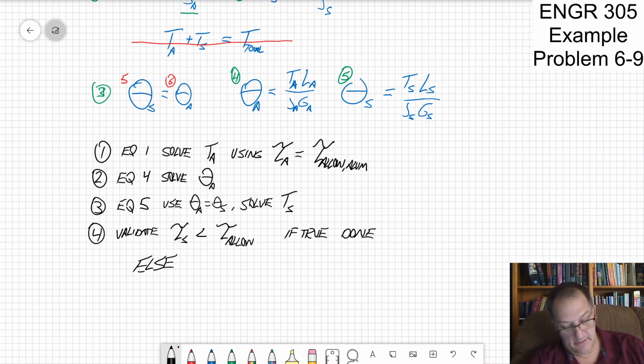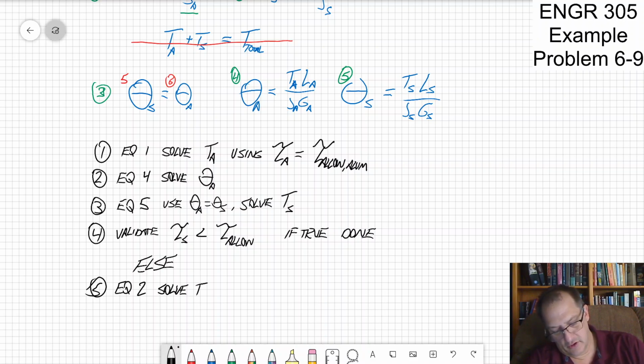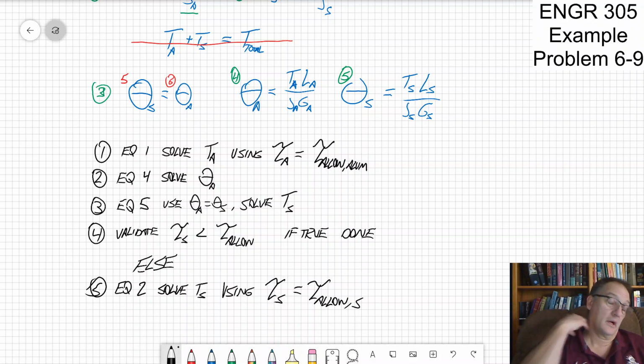And if not, then I start over. Then step 5 would be equation 2, solve torque of the steel using torque of the shear. Let me rewrite that. Shear in the steel is equal to shear allowable for the steel. All right, that's my process.